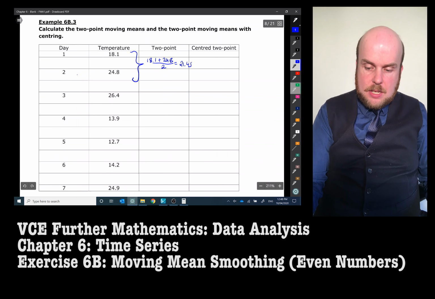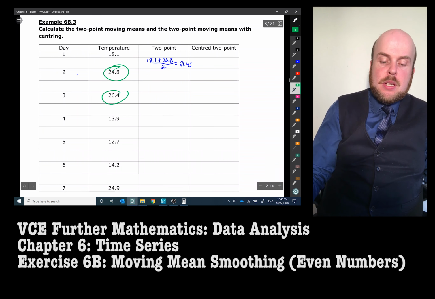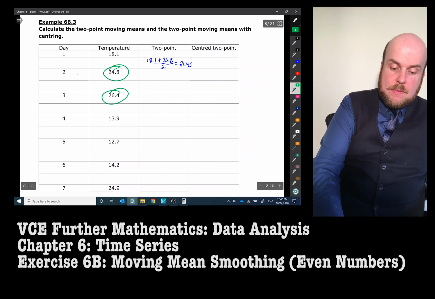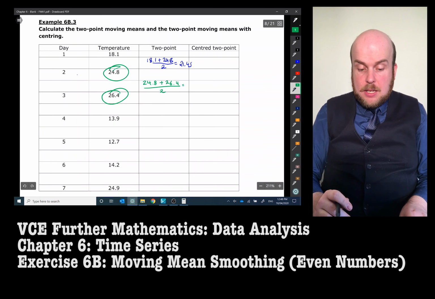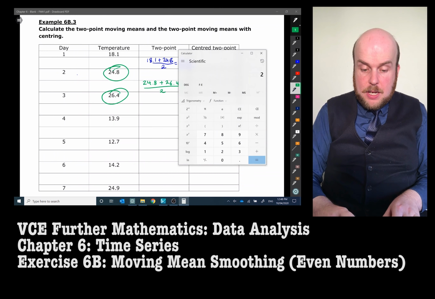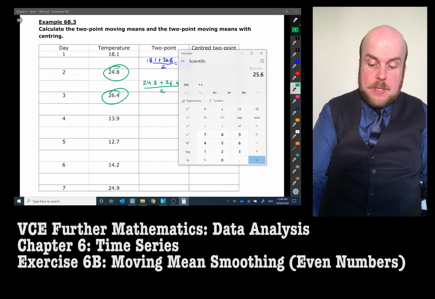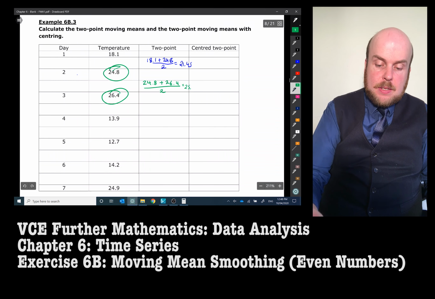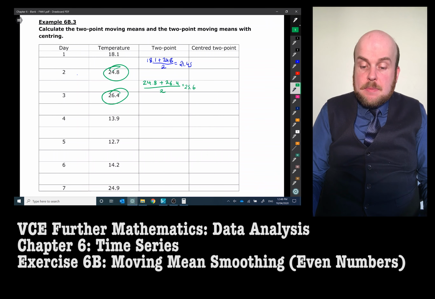And then I would continue that pattern down for the next ones. So for these two, 24.8 plus 26.4 divided by 2 gets me 25.6. Nothing extraordinarily different from what we did last time.